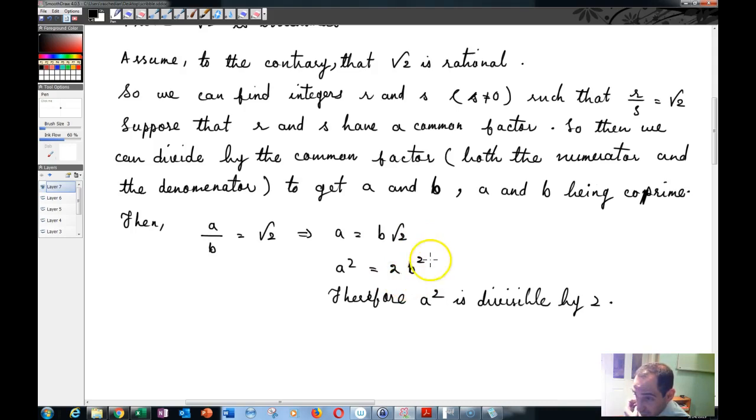One of them is b squared, meaning that a squared has been written as a product of 2 and some other number, so it's divisible by 2, right?